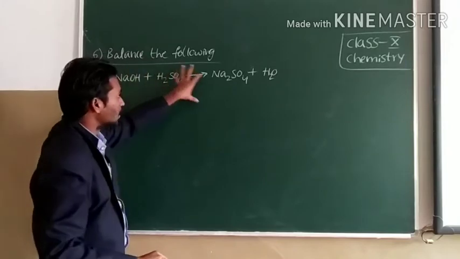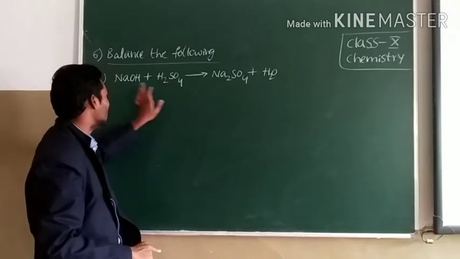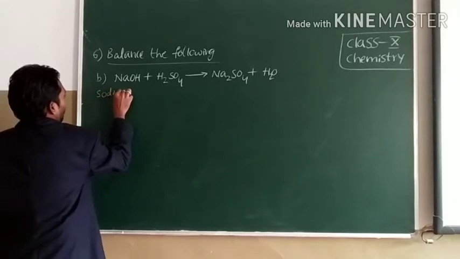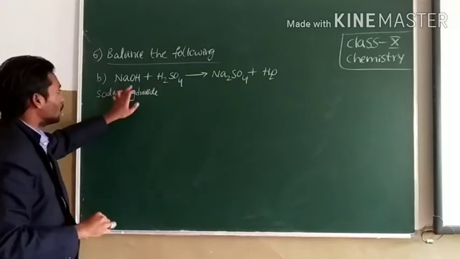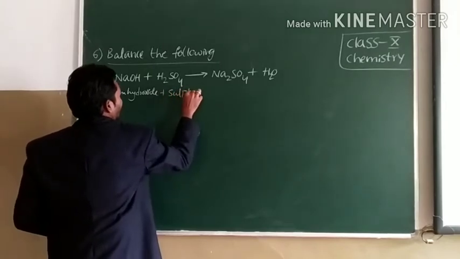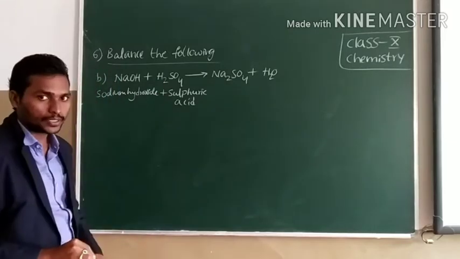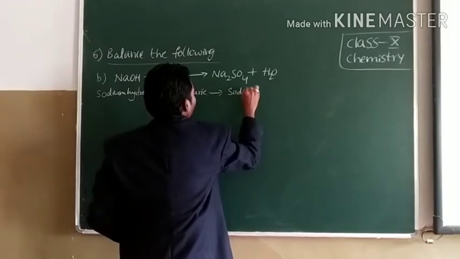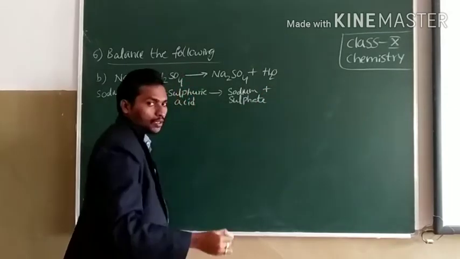In this question, they have given the equation, but we need to balance it. Let us verify this. NaOH means sodium hydroxide. H2SO4 means sulfuric acid, which gives sodium sulfate. Na2SO4 means sodium sulfate. And H2O we know, H2O means water.